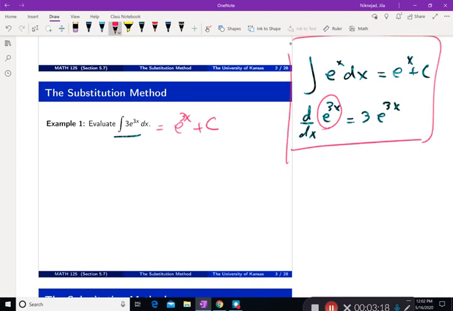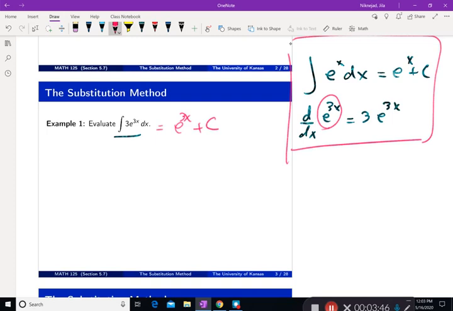That was my guessing method, and it works on a bunch of different occasions, but not necessarily every time. The substitution method is a more generalized version of this that works better. And if you missed part of the process, the substitution will bring it back in.